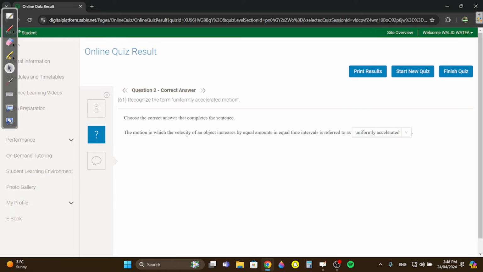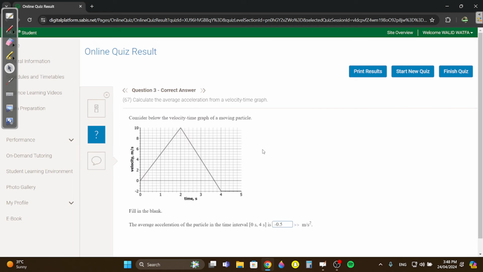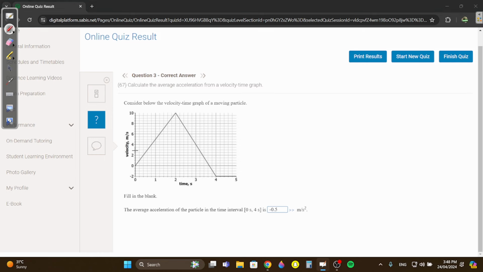Question 2, the motion in which the velocity increases by equal amounts is obviously uniformly accelerated. Uniform because it's equal amounts, and since it's increasing, it's accelerating. So uniformly accelerated. Question 3, they give you a graph and want the average acceleration. Average acceleration equals velocity final minus velocity initial over time final minus time initial. In this case, from 0 seconds to 4 seconds.